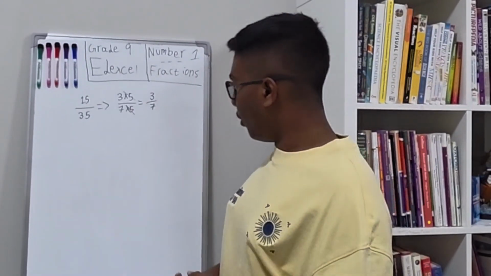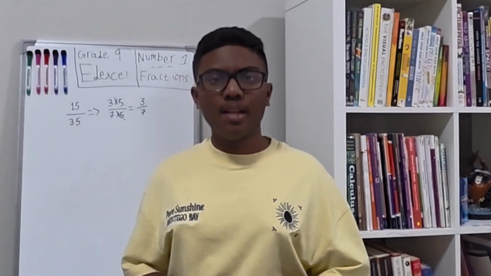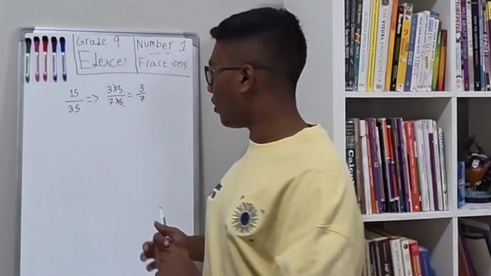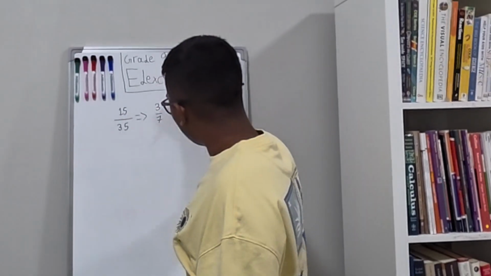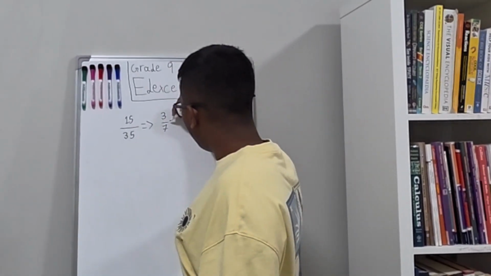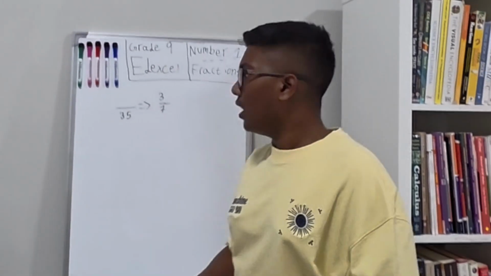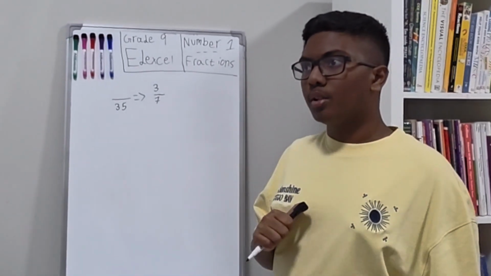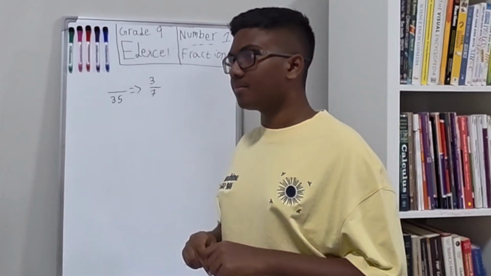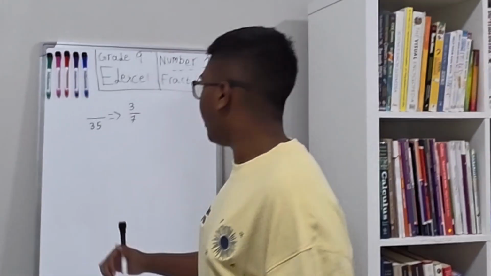Here's the thing, you may only cancel one iteration of a common factor with another iteration of the same value if it's on the opposite side. So if I were to take something like, let's say, instead of 15, we had 15 times 5, which would be 75.